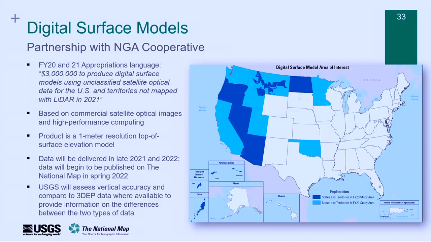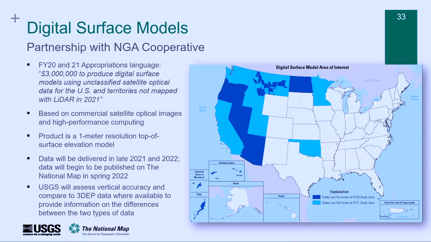The dark blue are areas that are going to be completed with 2020 data, and the lighter blue will be 2021. This is going to be done through the use of commercial optical satellite data, and we're going to be producing a 1-meter DSM product.